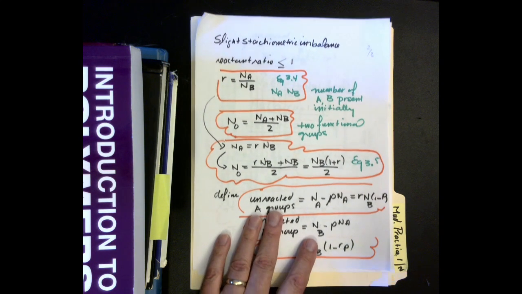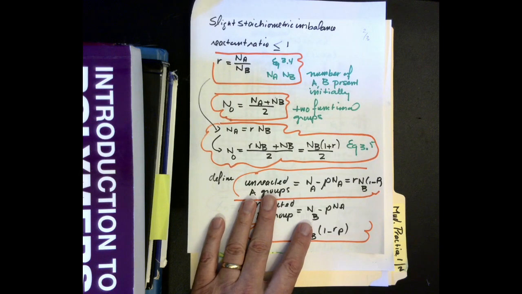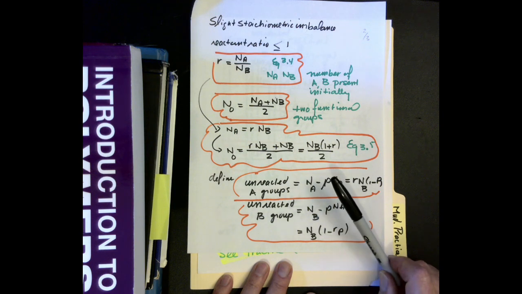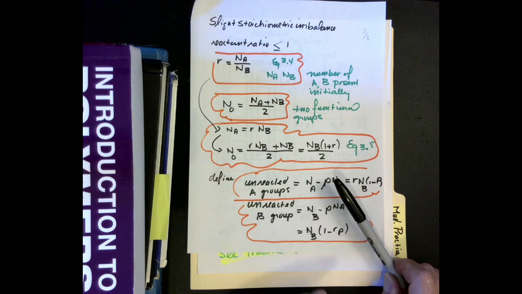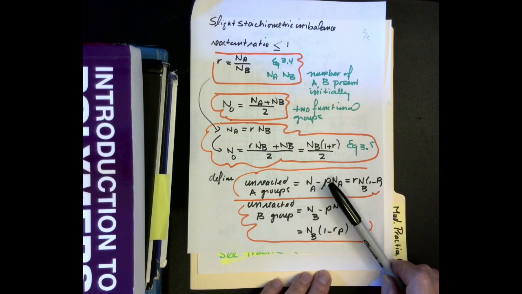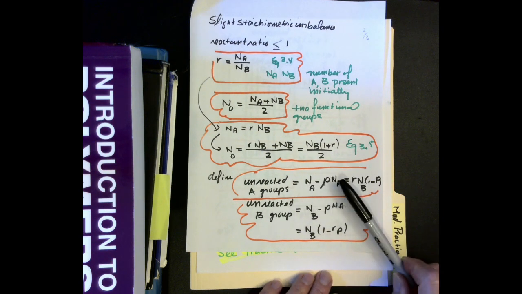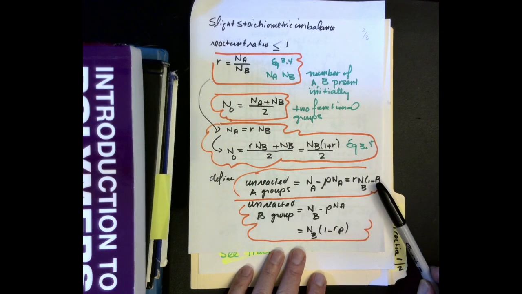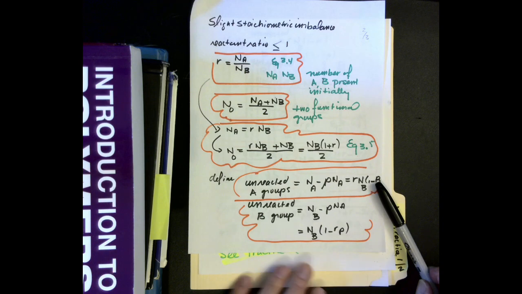Now we have to define what is unreacted A. The unreacted A is the original Na times (1 minus p), where p is the conversion factor, so that's the fraction that was converted. Again, we can substitute Na as r Nb, so it would be r Nb (1 minus p), from the equation above.